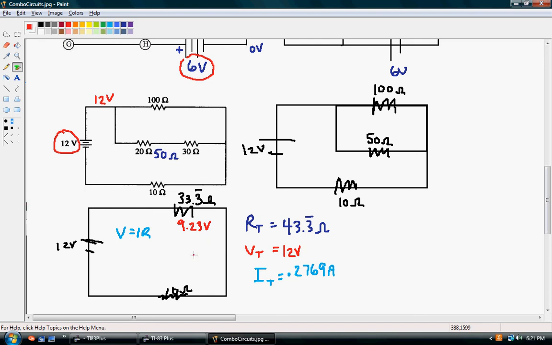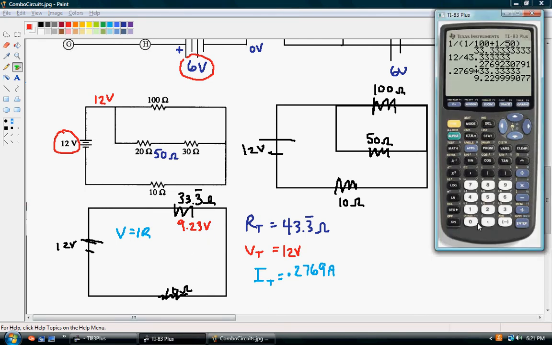So it gets 9.23 volts, and the 10 ohms will get current times resistance, which is 2.769.